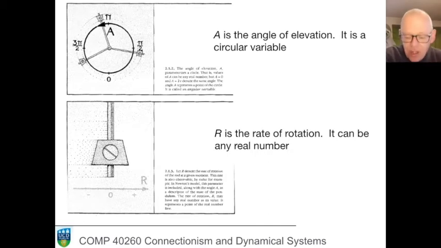There are other conventions for noting phase, and when phase is used in this sense, the convention doesn't matter. What matters is that we know that we're talking about position within a circle. The second thing we need to note to describe the state of the pendulum at any given time is the speed and direction of its movement. This is the rate of rotation, and it's a velocity, not just a speed.